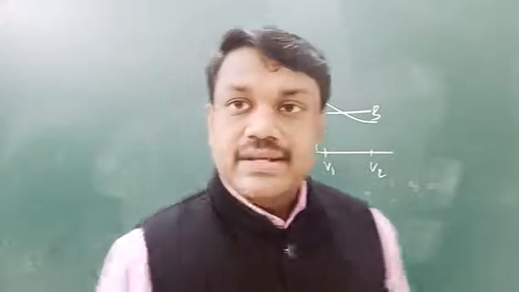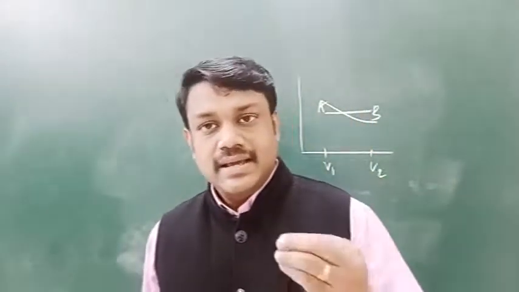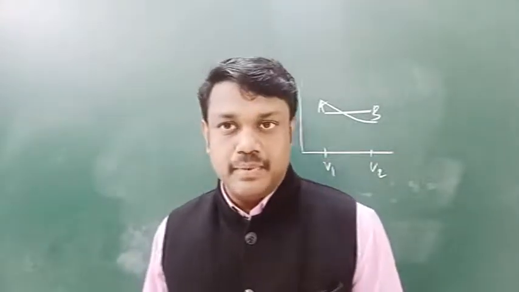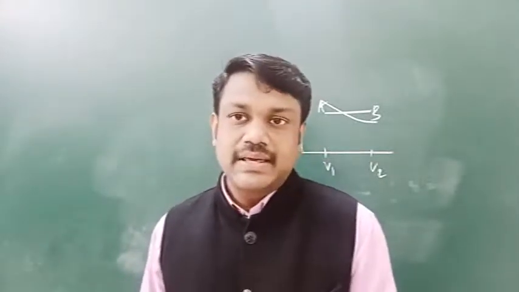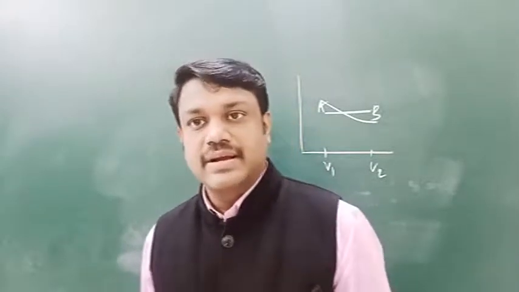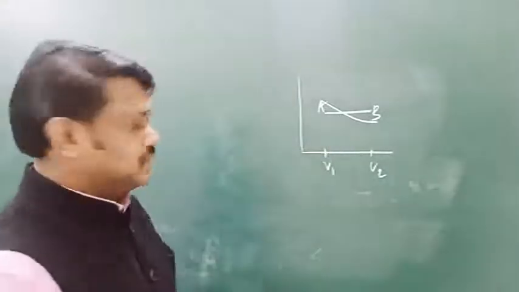So the work done in a state change depends not only on the initial and final state, but on the path through which the work is done. And I will show you an example.